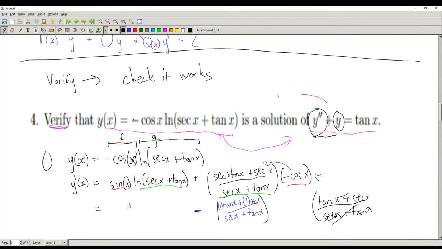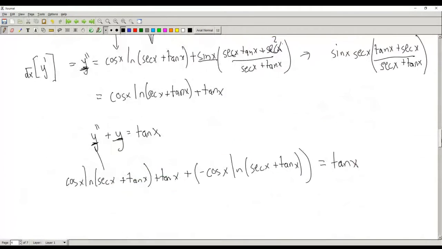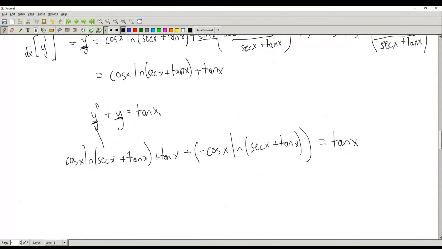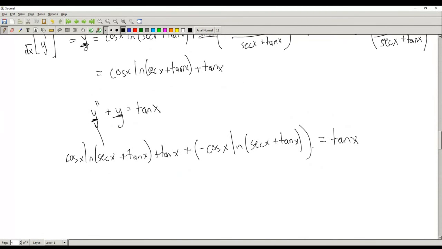Verify y of x is equal to minus cos, etc. But as has been said, you're just going to have to calculate this, and you can quite easily see that this cancels with this, and you land up with tan x equals tan x, and it's verified.